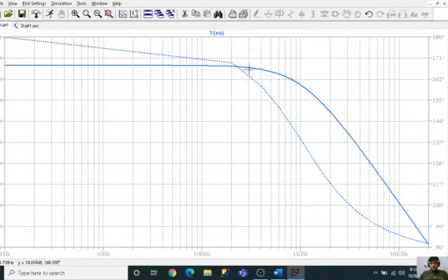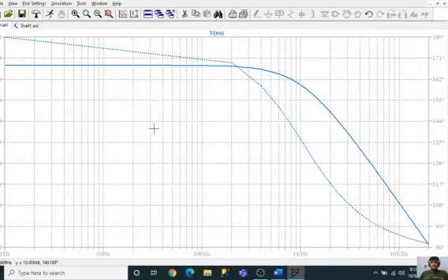Over here if you see, this is a 10 dB fall, this is a 3 dB fall as we have in an integrator, and over here my 0 dB comes at 10 kilohertz, and the frequency response is like this, 1K to 10K. This is my FA and this is my FB. So only in this particular period the circuit will act as an integrator.